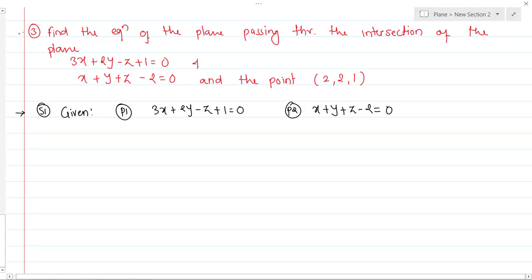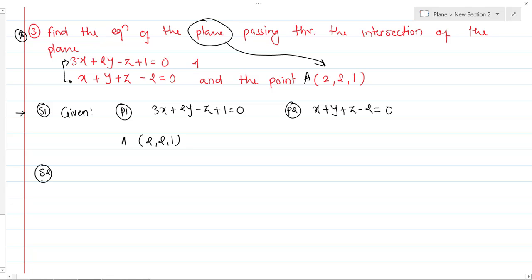Now I will read the question: find the equation of the plane passing through the intersection of these two planes. These two planes are intersecting, and whatever intersection line you get, through that this desired plane is passing. Also the same plane is passing through this point. I will take the name as A. So point A is (2, 2, 1).